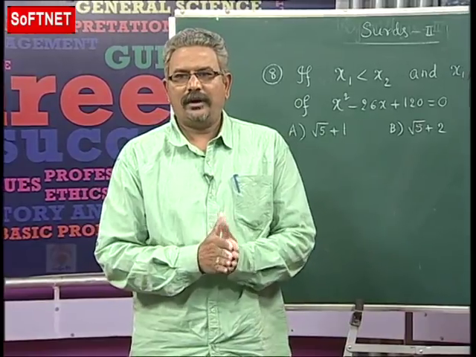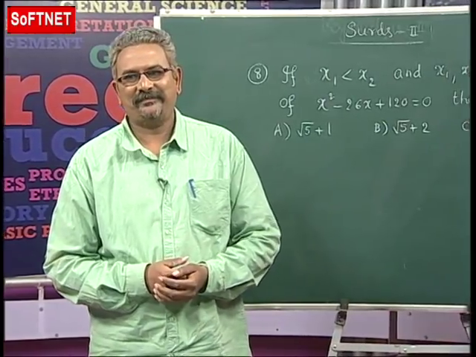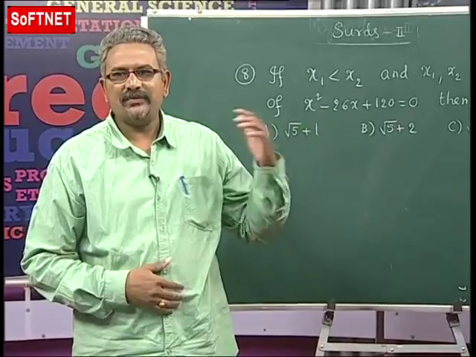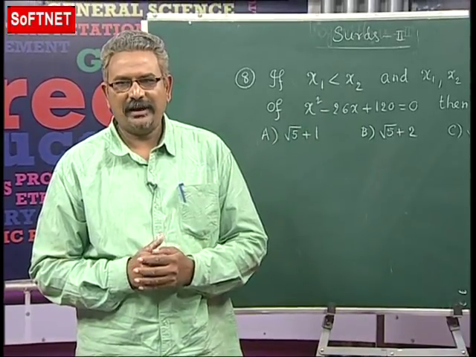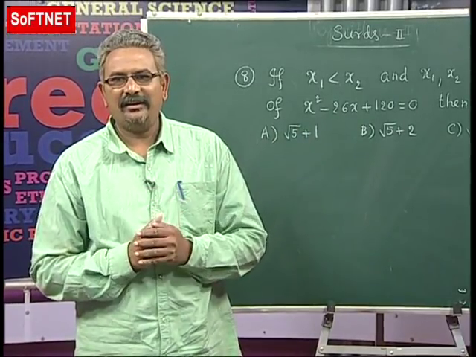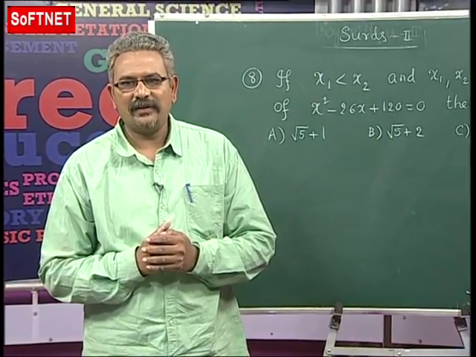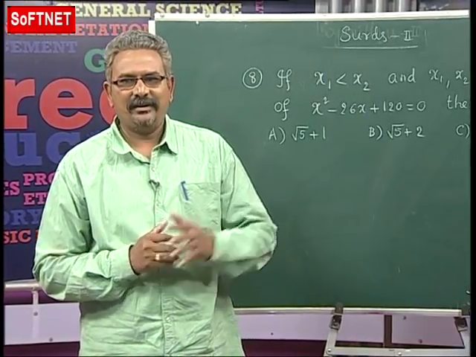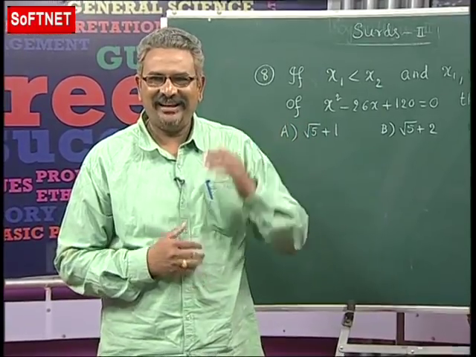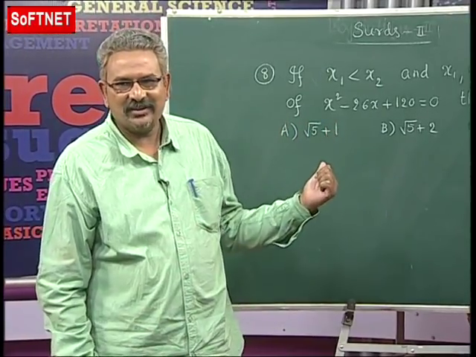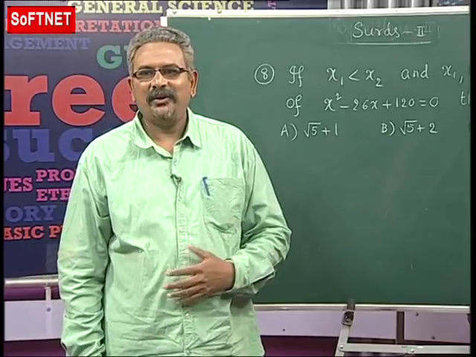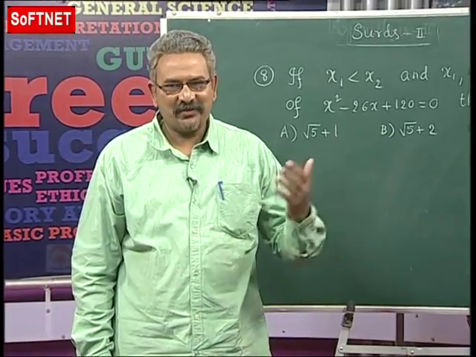Okay. Now, how to solve this problem? Here x1 is less than x2 and x1, x2 are the roots of x square minus 26x plus 120 is equal to 0. Unless and until we solve this quadratic equation, we cannot find the values of x1 and x2.